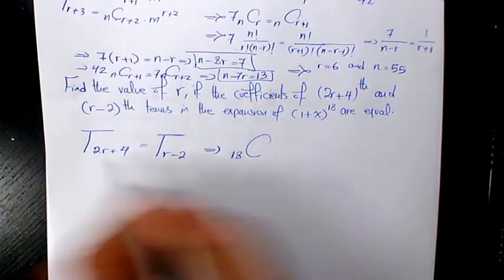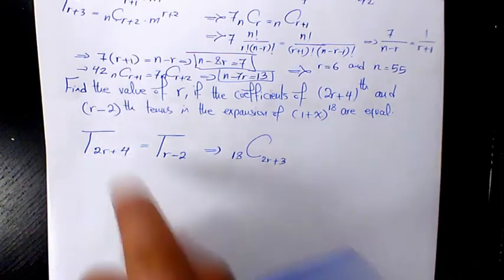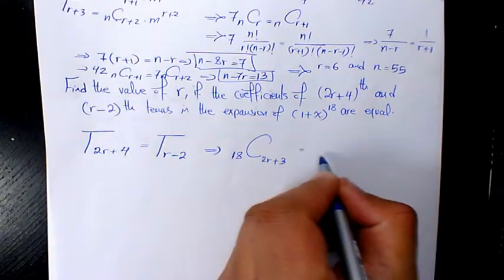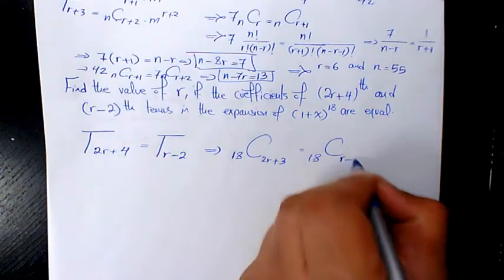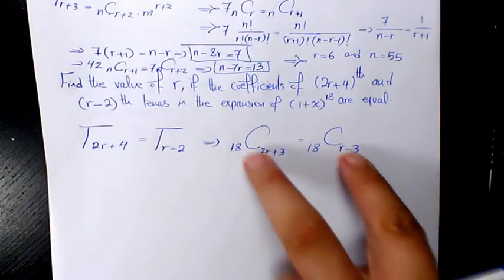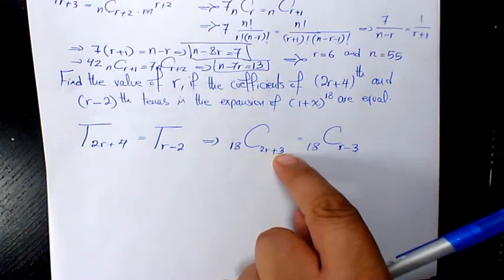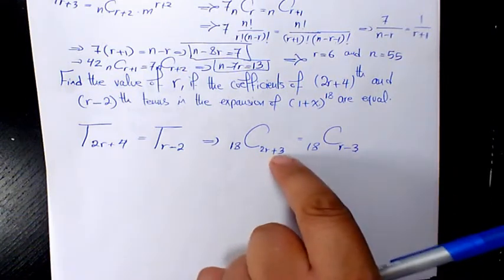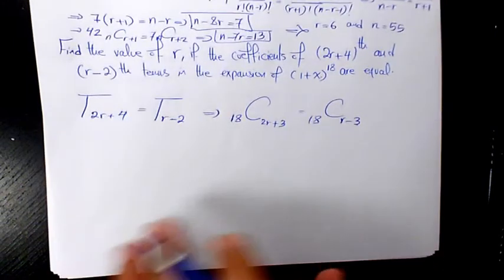18C 2r plus 3, because that's the general term. So we have r plus 1, here it is going to be r, equals 18C r minus 2 minus 1, which is r minus 3. So when these two are equal, it means that either 2r plus 3 equals r minus 3, or 2r plus 3 plus r minus 3 equals 18.